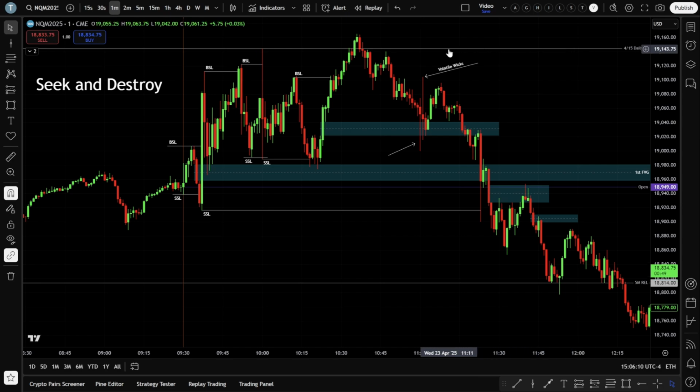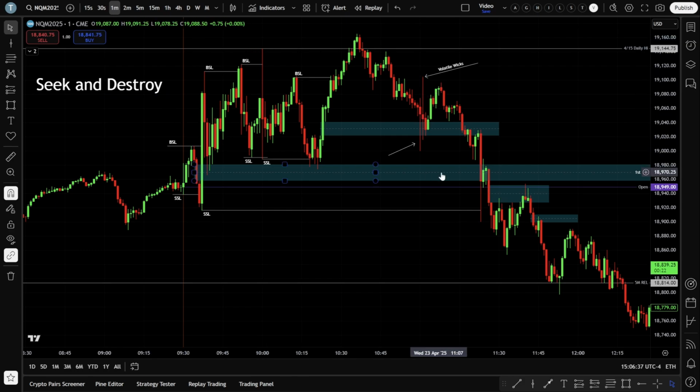Now this was the initial target for the day, the daily high from April 15th, which does get hit here, but it's very low probability conditions. And then as soon as we hit the high, price drops back down into this fair value gap. We can see the body's respecting it, but the wicks here are doing a lot of damage.